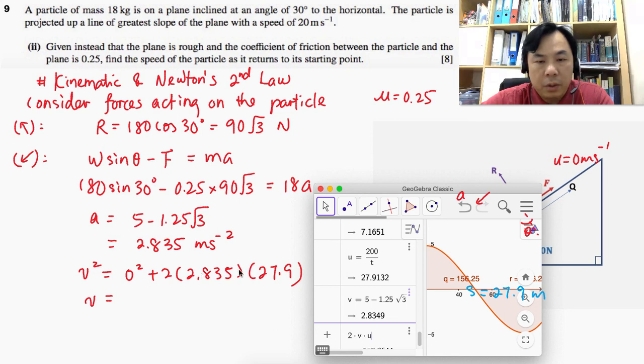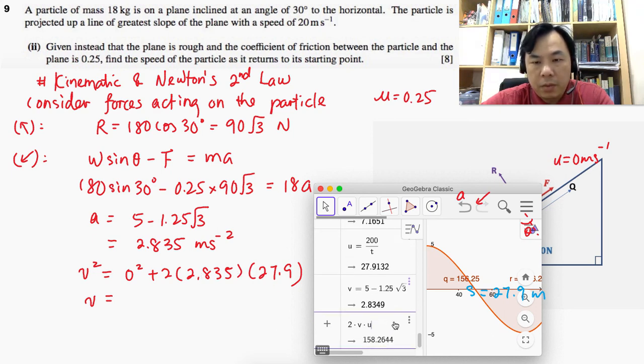I'm taking all the decimal numbers that I have. Of course, if you use rounded off numbers, your final answer may be a bit different from mine. Let me check. The distance is 27.9, correct. The acceleration, correct, and multiply by 2.